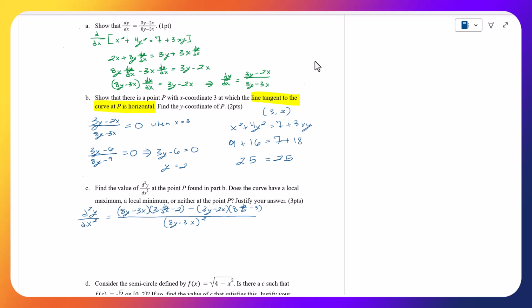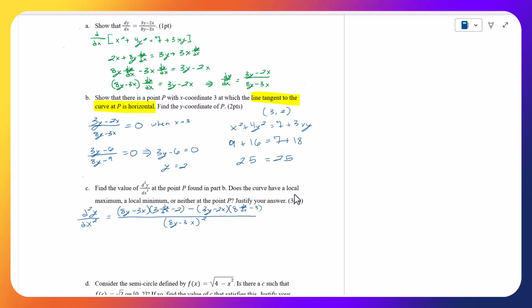And now we're just plugging in our values, and I'm going to make a clever observation here. Well, in part B, we saw that the line tangent to the curve at P is horizontal. What did that mean? It means dy over dx, our derivative, equals 0 at this point. So all these dy's over dx's are just going to become zeros.